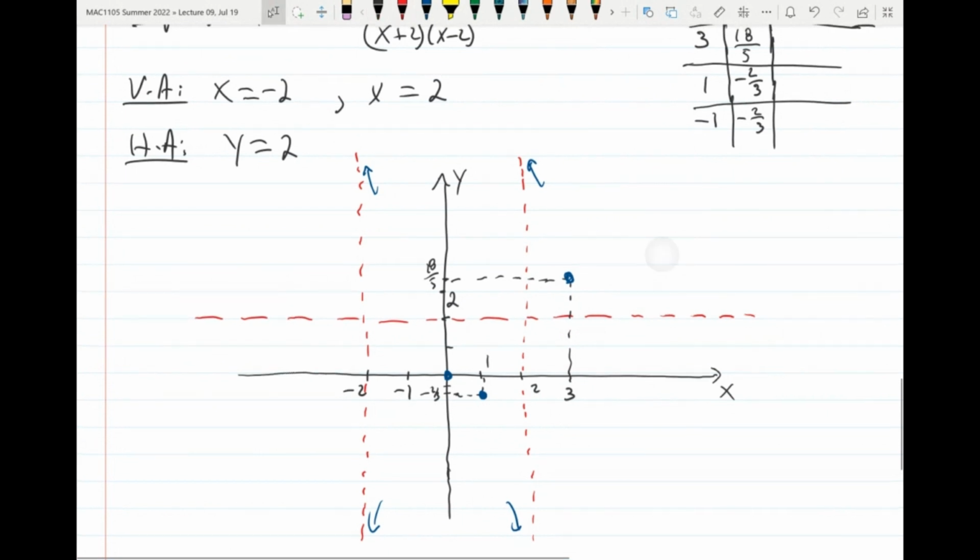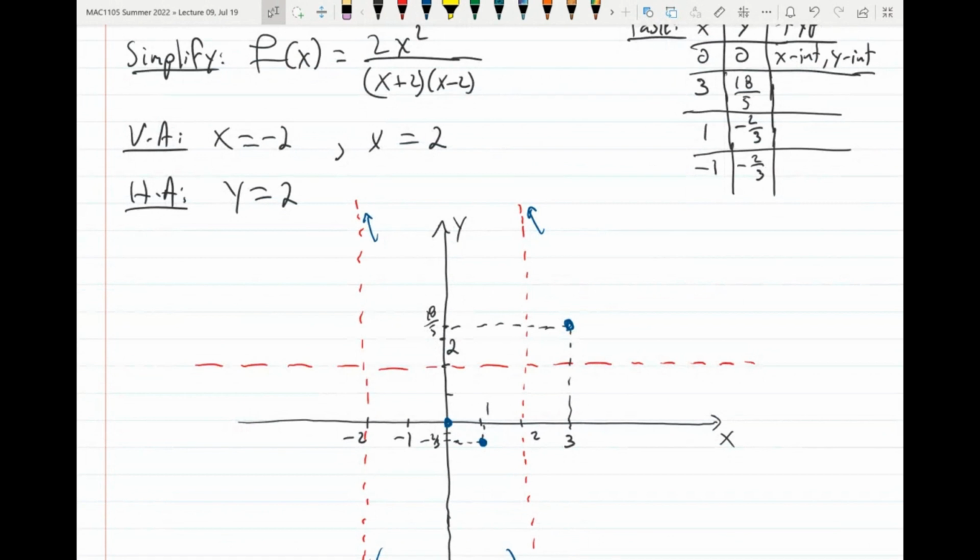Yeah, okay. So it's not that one, okay? So it's over there. So good, right? So remember, being even means that no matter if you change the sign of the input, the output stays the same, right? F of -x equals f of x. So if you plug in -1, you get -2 over 3. And also, so this is test point. And also because we know that 3, 18 over 5 is on the graph, then we get for free -3, 18 over 5 is also on the graph.